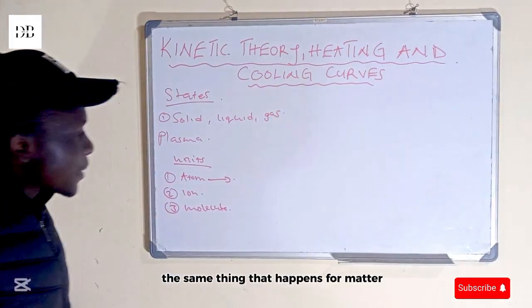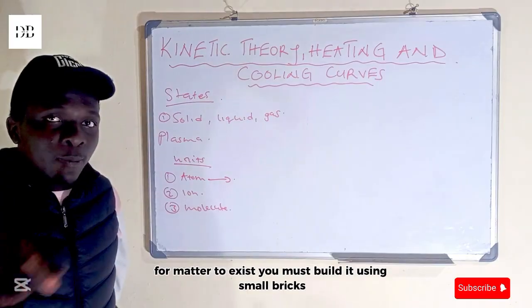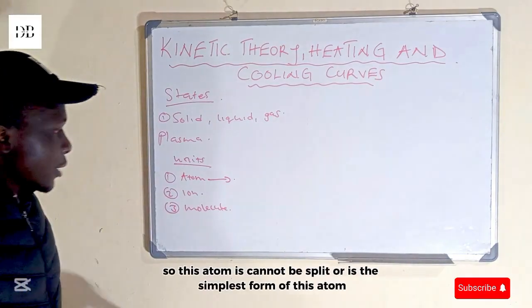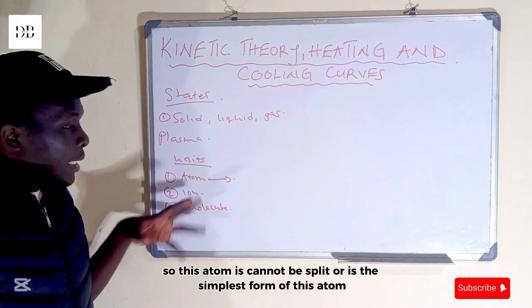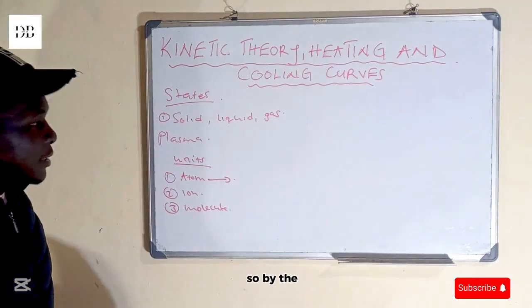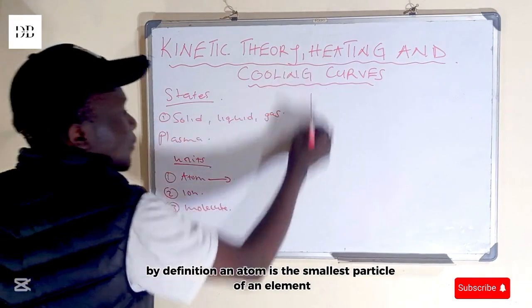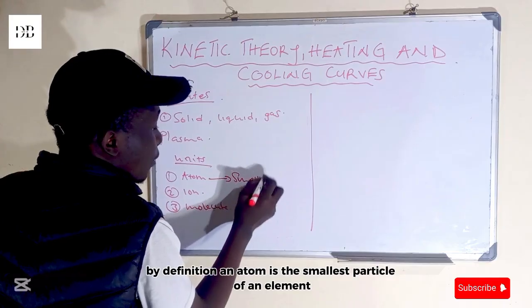The same thing happens for matter. For matter to exist, you must build it using small bricks. So this atom cannot be split, it is the simplest form. By definition, an atom is the smallest particle of an element.